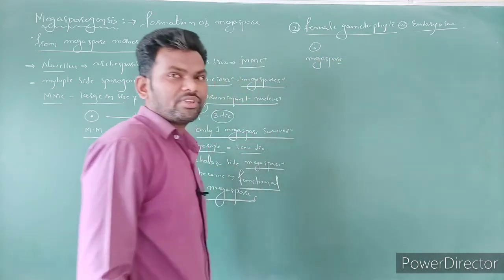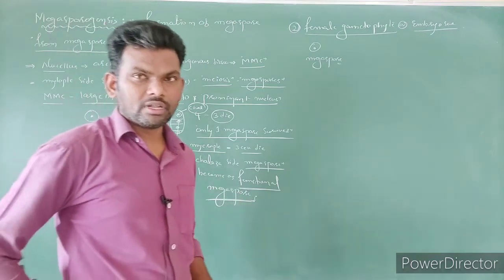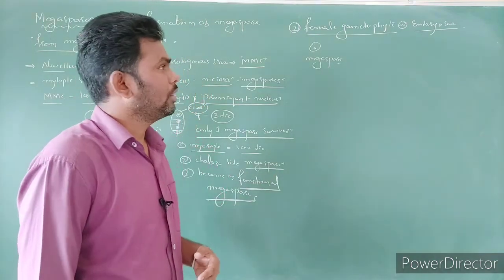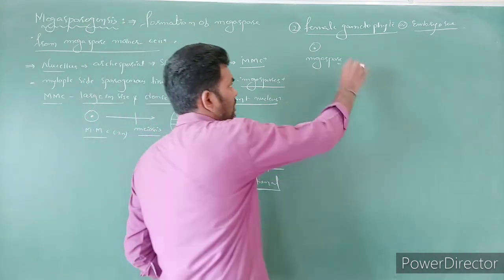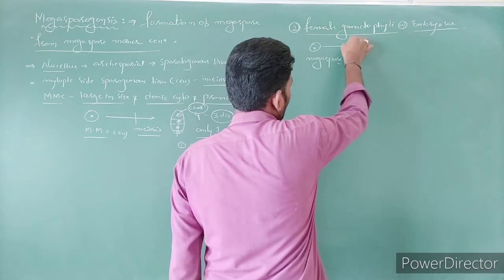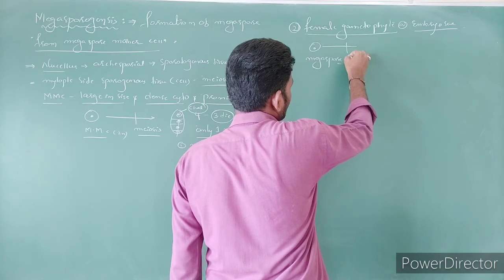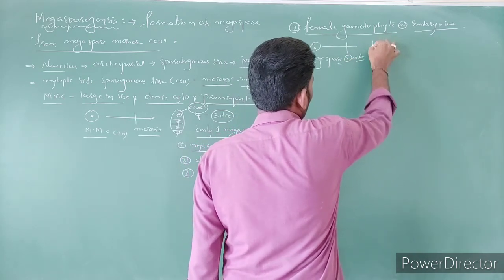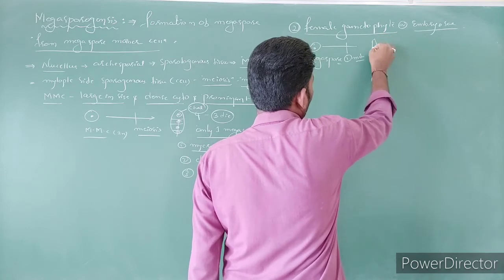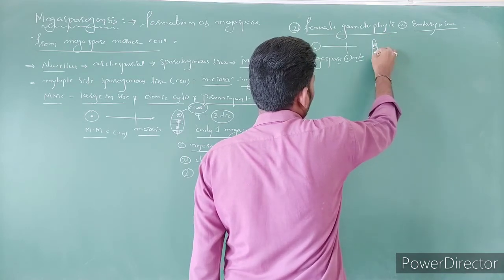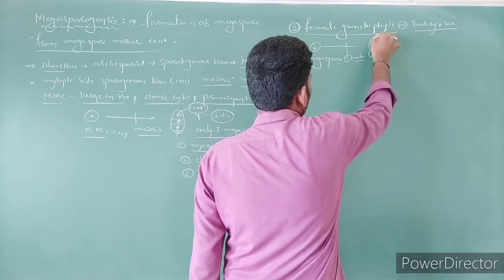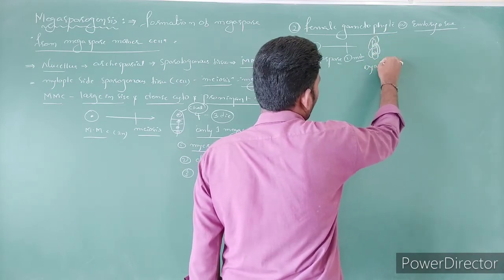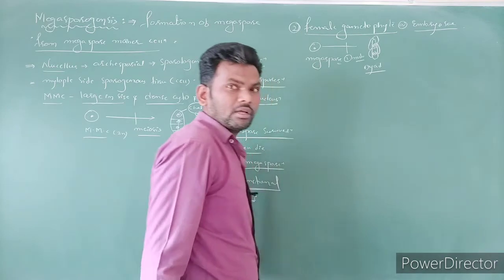This megaspore again undergoes mitotic division, a number of times, and forms the embryo sac. Here, the megaspore undergoes the first mitosis and produces 2 cells, which is called a dyad.